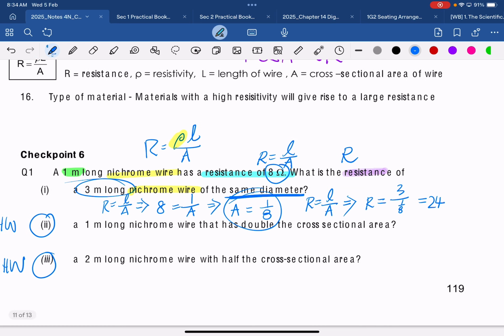You see that? So you totally can omit your resistivity, the rho look-alike thingy, and then you just calculate from there, like math. So you go and try part 2 and part 3. Can? Okay, good. I will pause this.